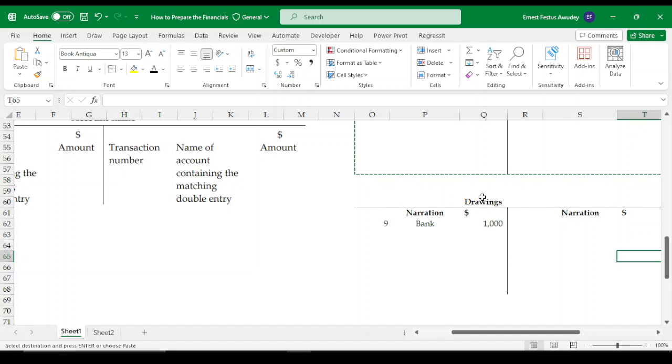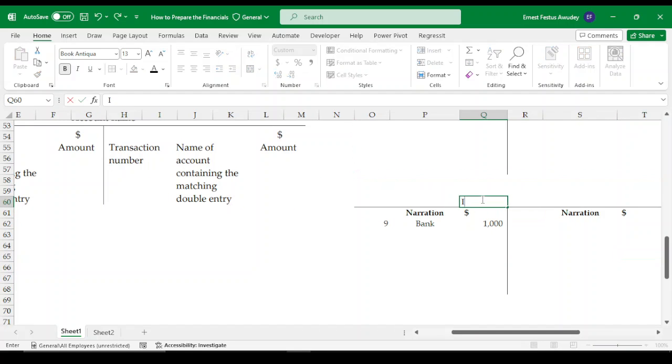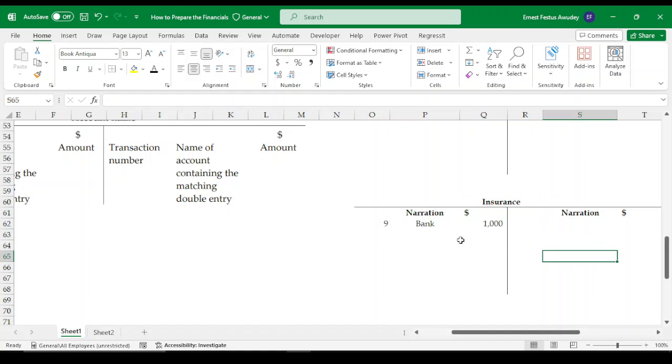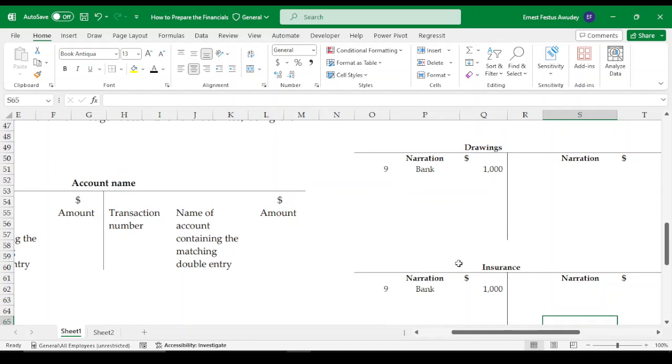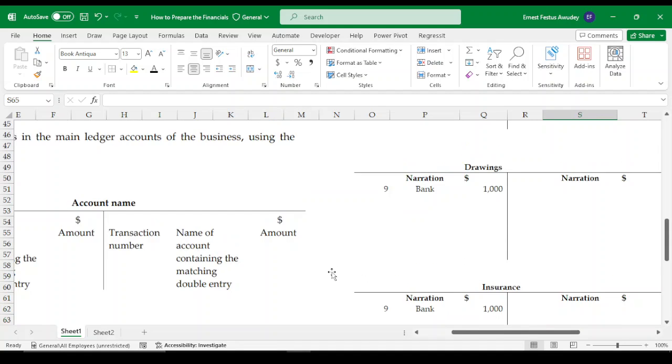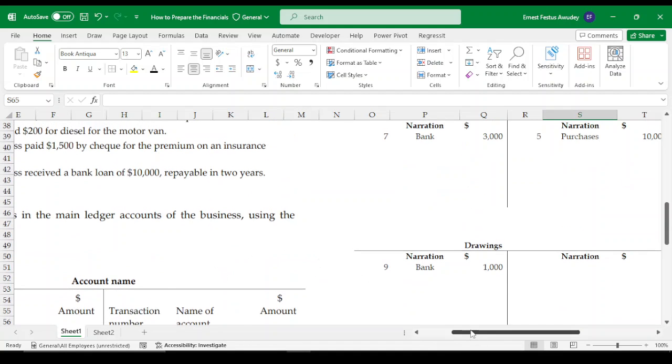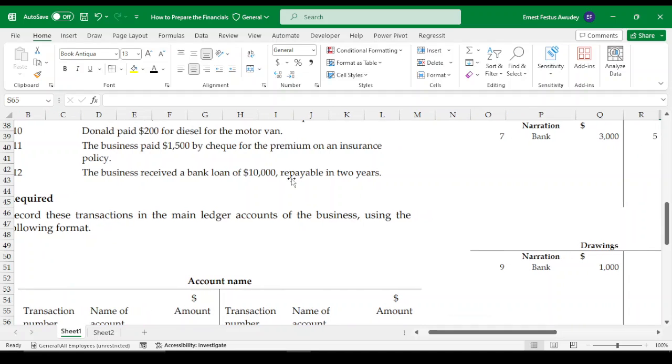So we are going to have an expense called insurance expense, or just insurance. All right, and then let me merge and center that. Okay, now this is an expense and you are paying for the expense. Therefore, an increase in this expense is going to be debited, and we are assuming that we paid it by check. Therefore, it's going into the bank account, and the amount involved is 1,500.